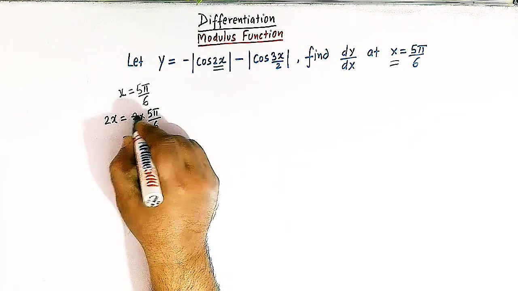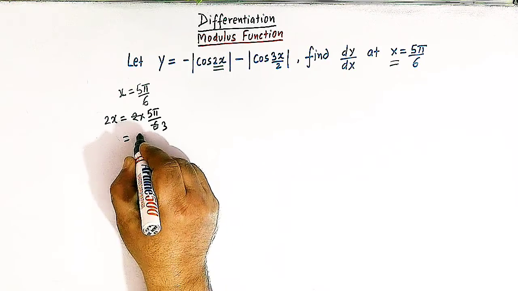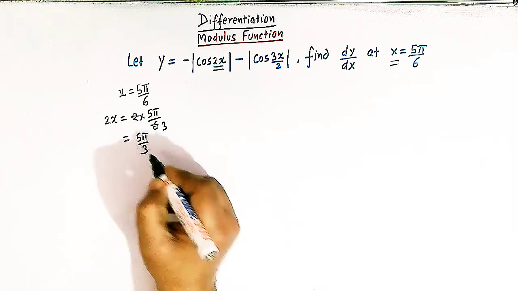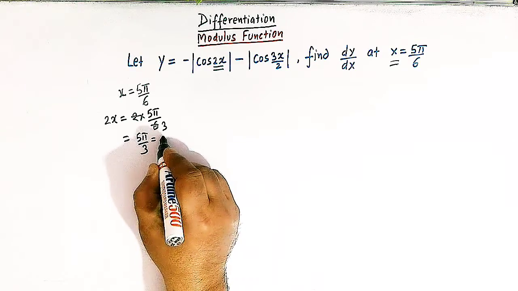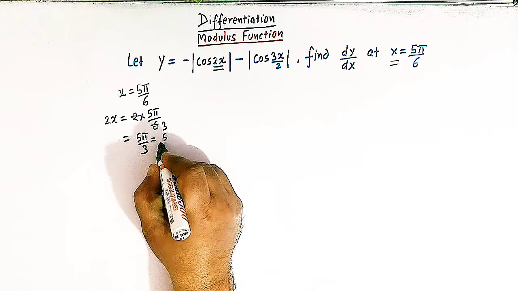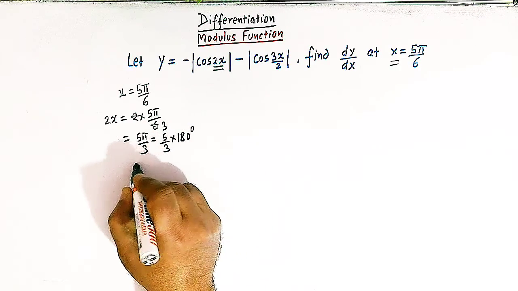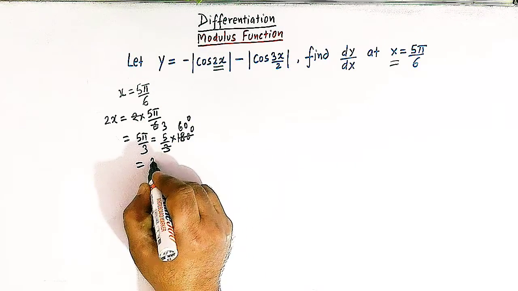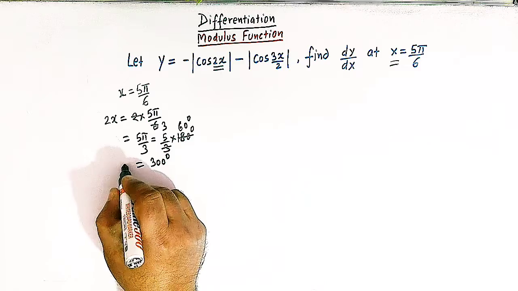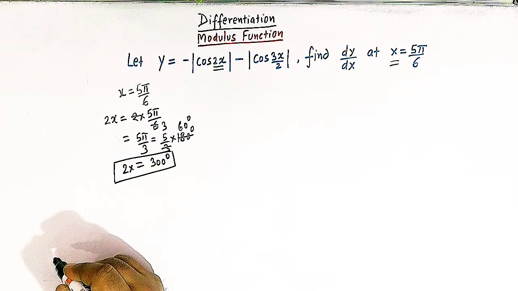So here we have 2 times 5 over 6, that is 5 pi over 3. Now this is in radians, and if we convert it into degrees, we'll get 5 over 3 times 180 degrees. So we have 5 times 60, and this is 300 degrees, right? So 2x is equal to 300 degrees, right?